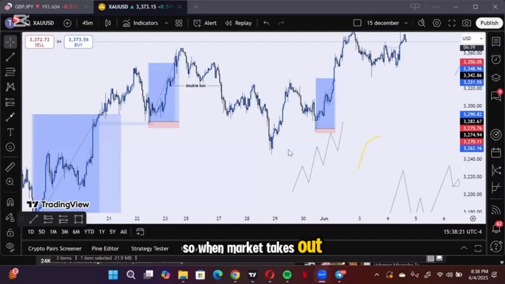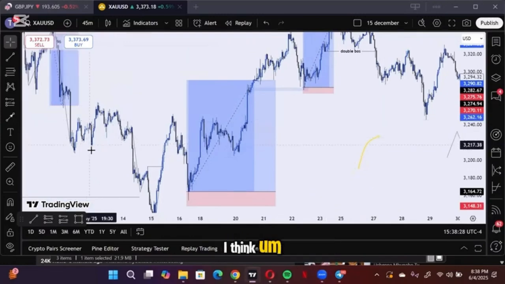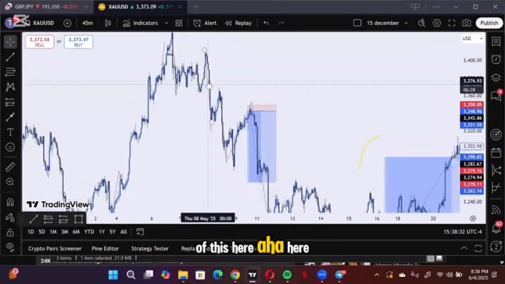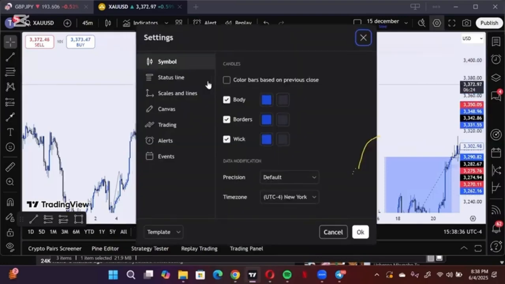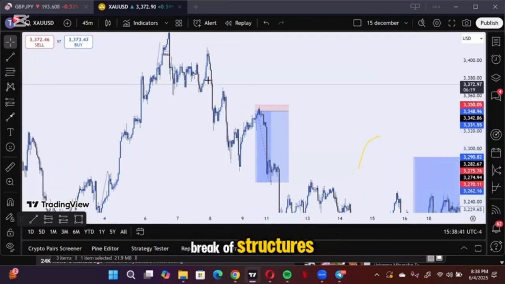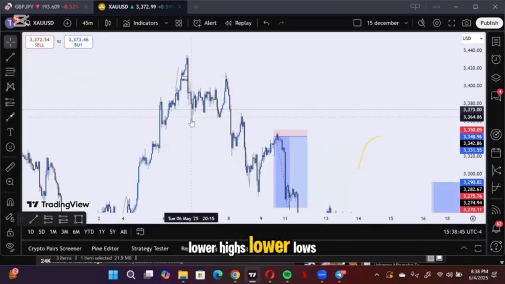So a market takes out two consecutive zones. That is what you call a double break of structure. Let me also see if I can get an example of this here. So the ones I pay attention to in trading are double break of structures. So when market was on a downtrend here, lower highs, lower lows.